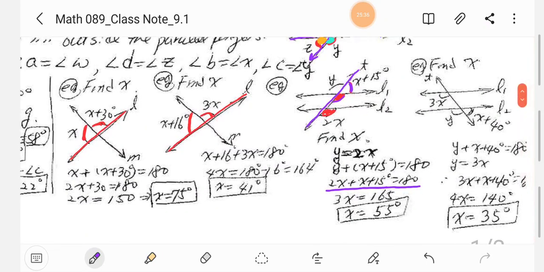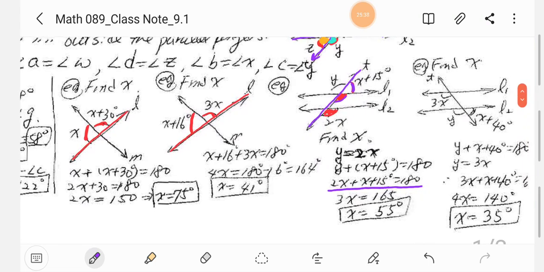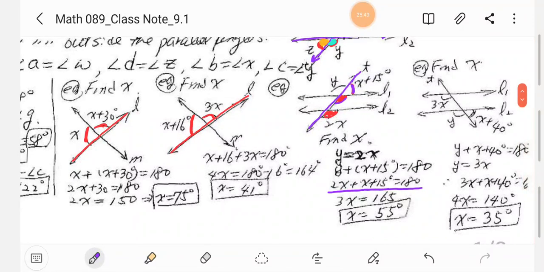Okay, how about this one? So let's find x. And then as you see this, the degree of this one, x plus 40, and y is 180, right?